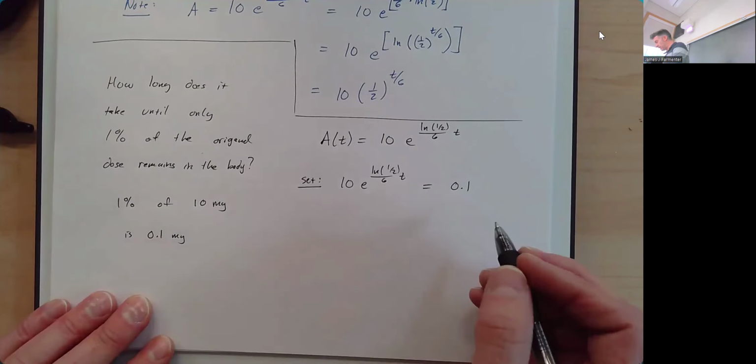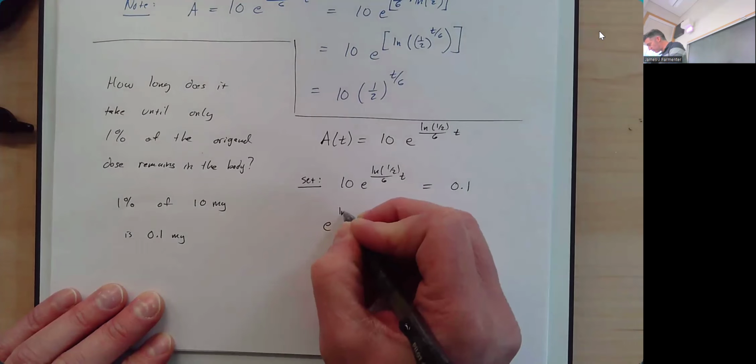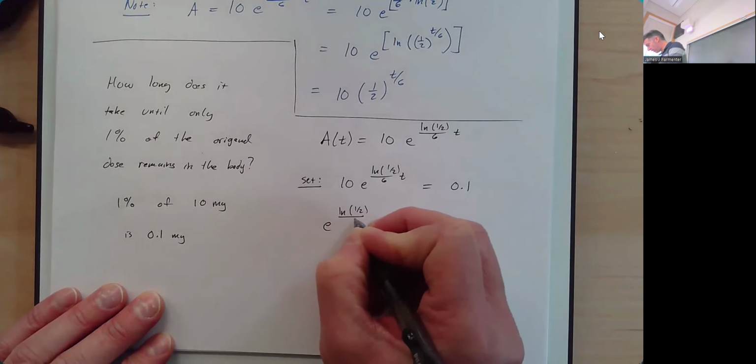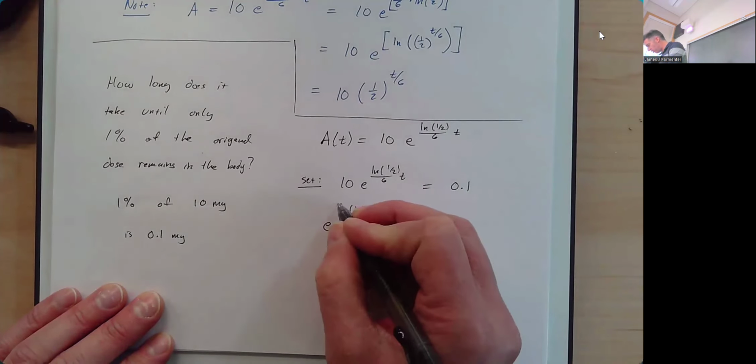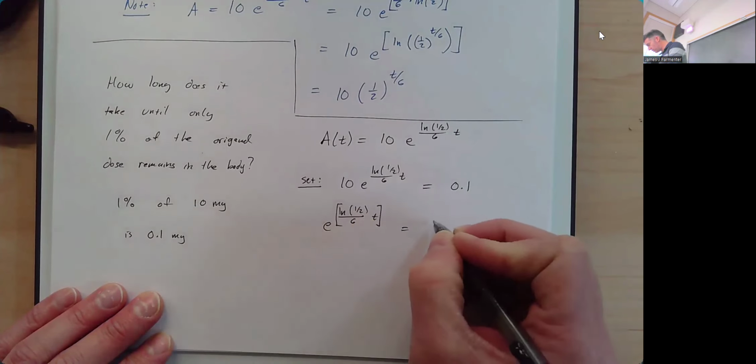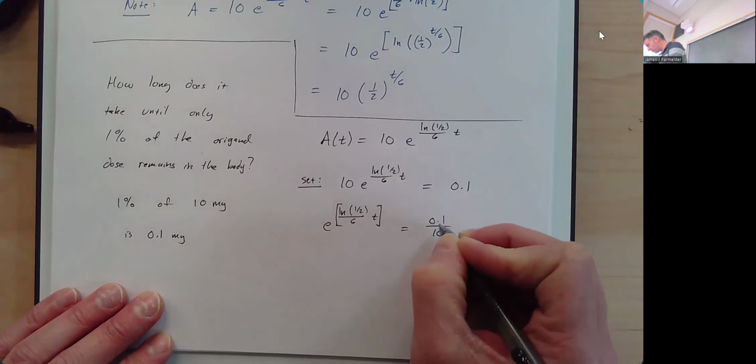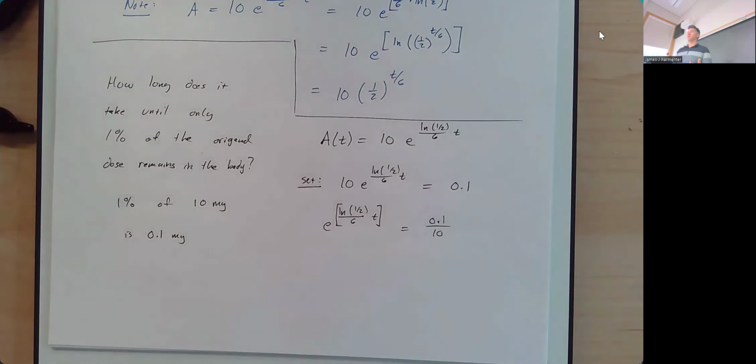So dividing both sides by 10, we have e to the natural log of 1/2 divided by 6 times t, all in the exponent, equal to 0.1 divided by 10. And 0.1 divided by 10 is equal to 0.01.